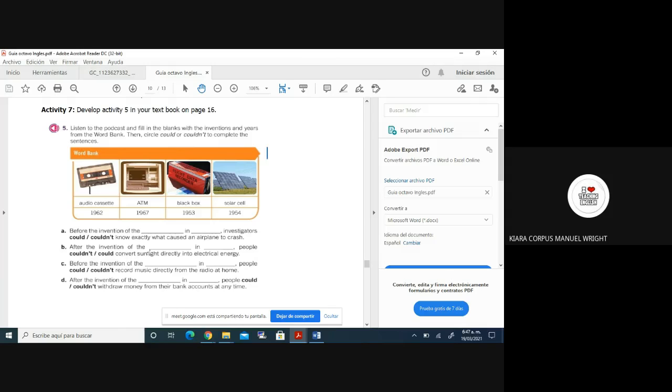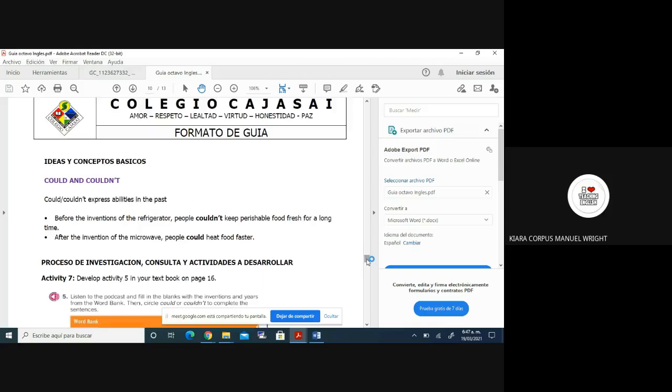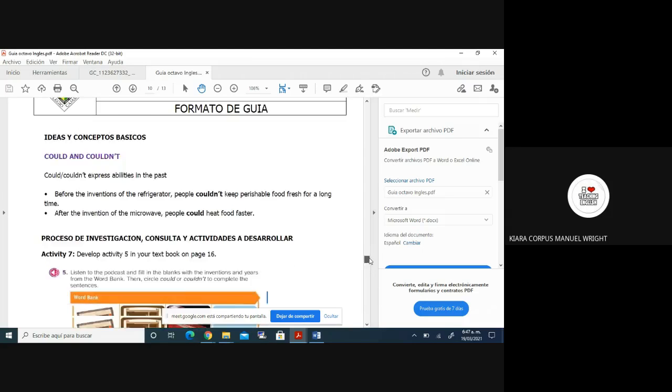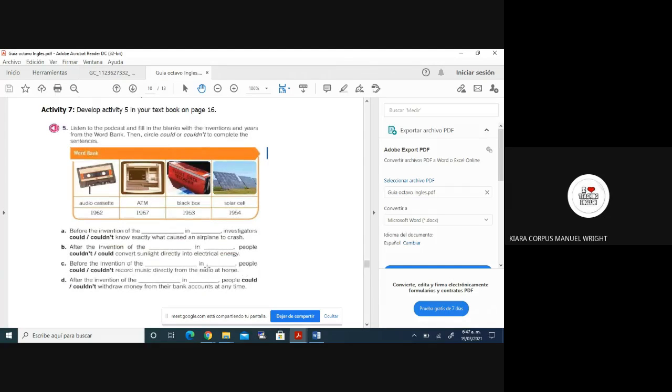You know that could is when it is possible to do something, where you express ability to do something, and couldn't is lack of ability to do something. Yeah. So you're going to listen and you're going to complete it.